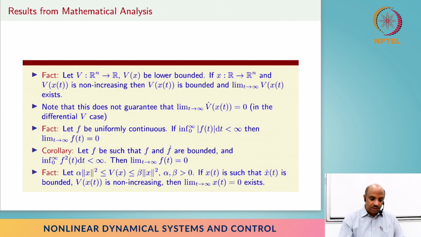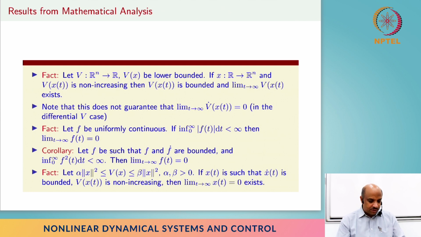If you recall, what we are trying to show in the LaSalle case, x going to 0, came from the fact that the only invariant set in v dot equals 0 is actually the origin, right? Unfortunately, if we cannot show v dot is going to be 0, then we are out of that choice. So we have to have a different method of showing it. So this is the fact, right?